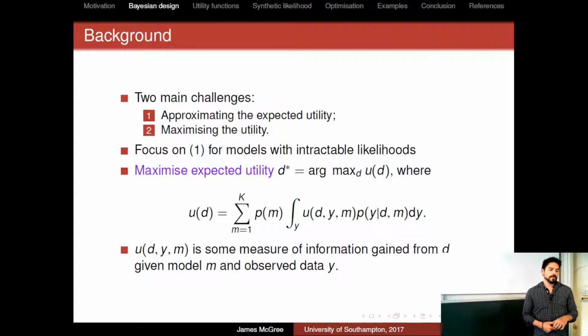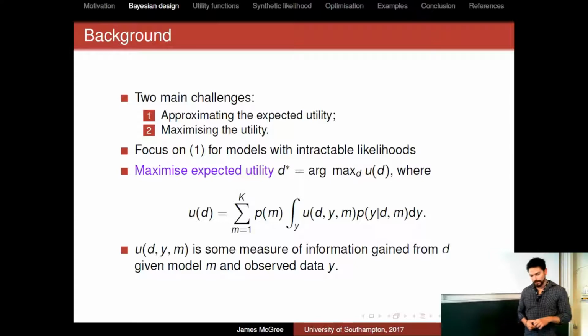So the general aim of Bayesian design is to find D star, where D star maximizes some utility function U. And you can see the expression for U there. U is some measure of information which we expect to gain from the experiment. So you can see we're basically just integrating out the uncertainty in the model.